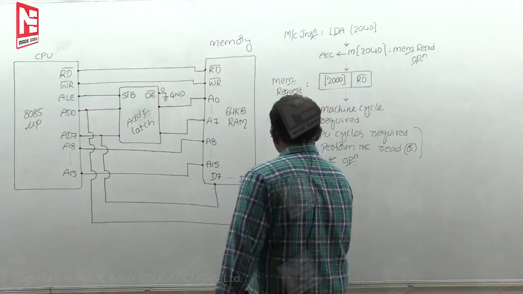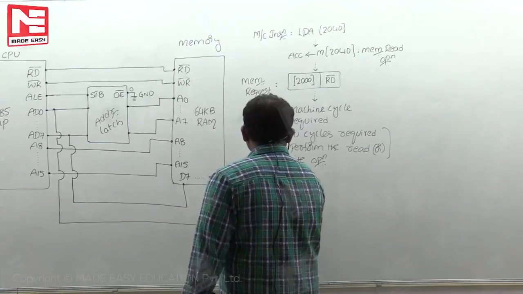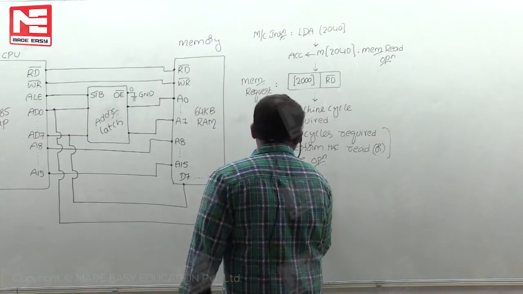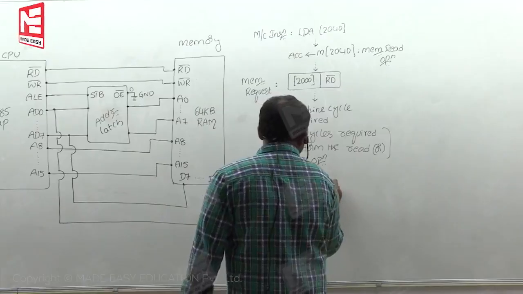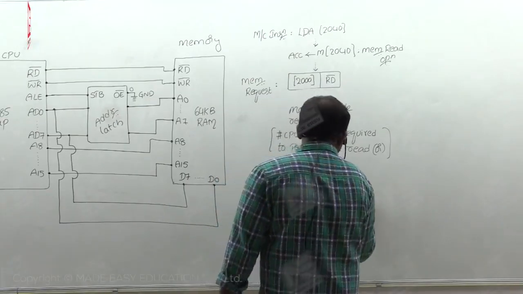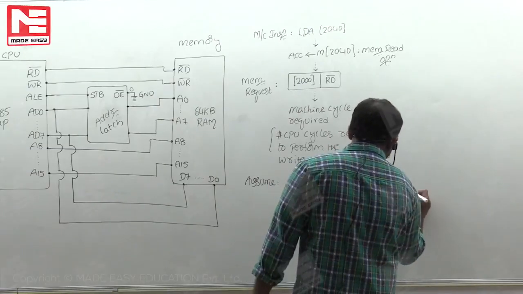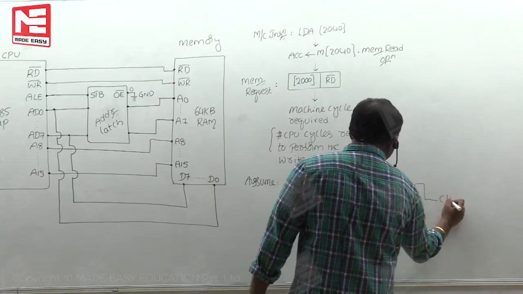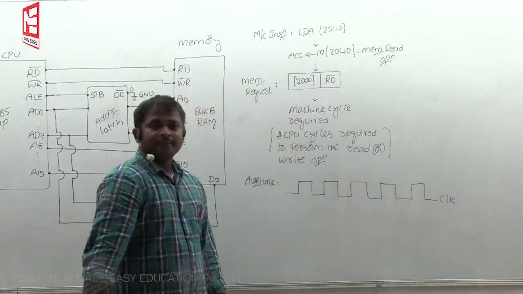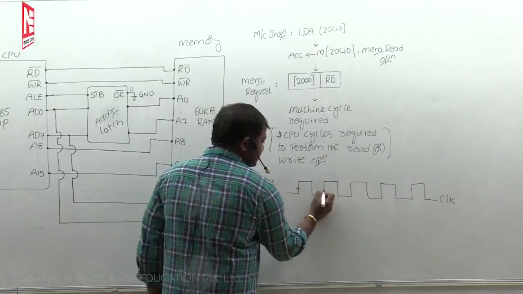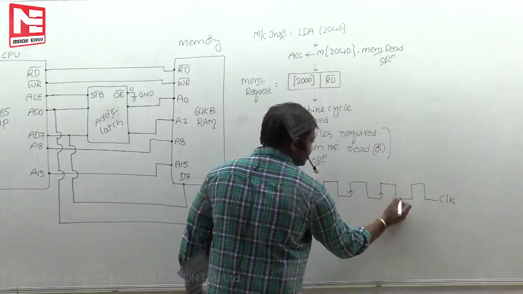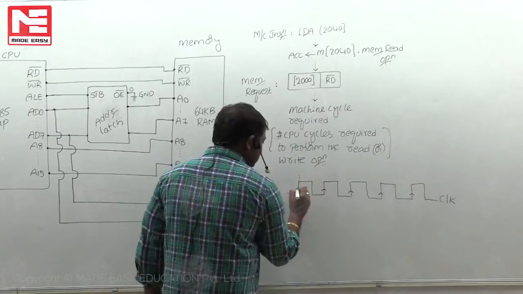So assume 4 CPU cycles are considered as one machine cycle. This information must be decided by the designer of a system. So here we ourselves are acting as the designer, so take the assumption like this. A raising-to-raising transition is called a cycle.